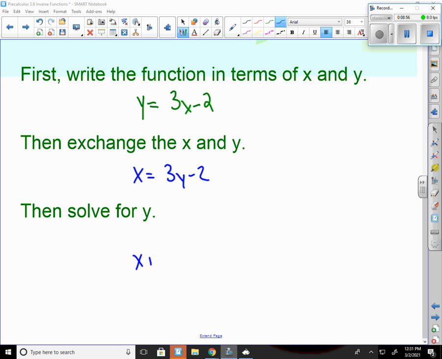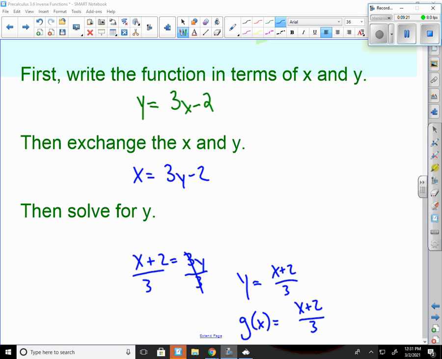It gives me x plus 2 equals 3y. Divide by 3. And I get y equals x plus 2 over 3. Change that y back into g of x because we had to make it g of x. And our inverse to 3x minus 2 is x plus 2 over 3.